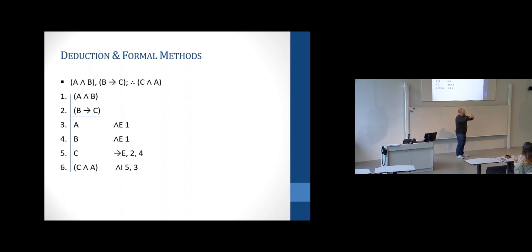The only way for the conjunction to be true is if both sides are true. So from A conjunction B, I can extract A must be true. That's what step 3 does. And also, B must be true. That's what step 4 does. And this E, conjunction E, is saying, hey, that's the rule that I use. I know from conjunction, conjunct.